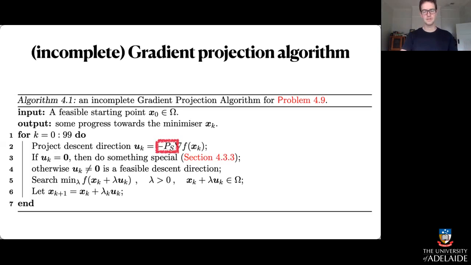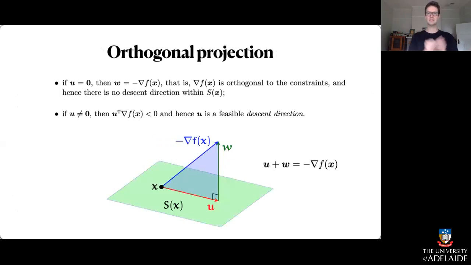The answer comes back to this idea of orthogonal projection. When I showed you this slide in a previous video, I presented a couple of theorems that tell you how you can construct these U's that are orthogonal to these W's and that create this orthogonal projection.